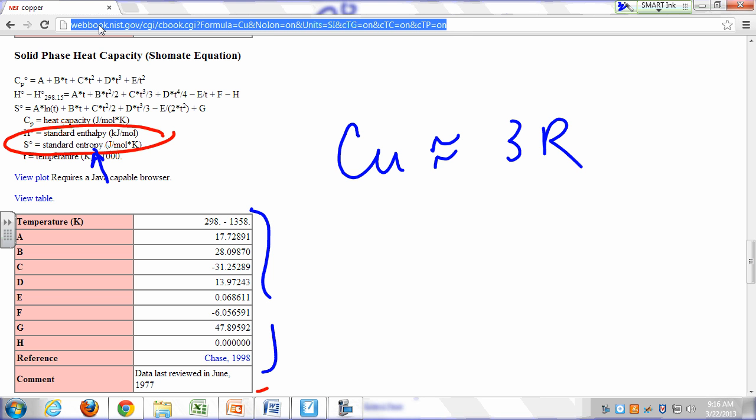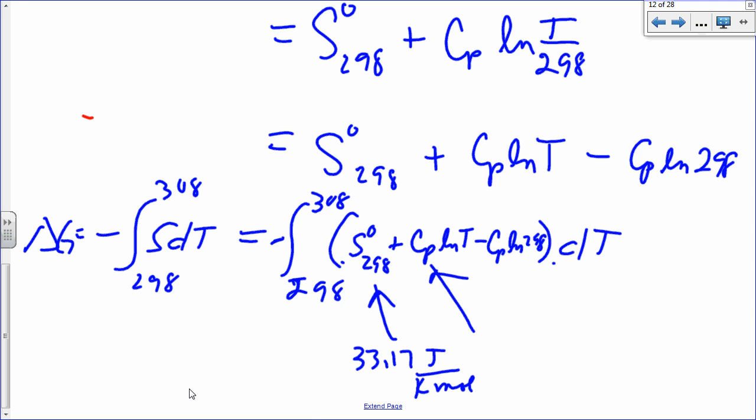That is approximate value of the heat capacity, Cv, but Cp and Cv are almost the same for copper, so it's approximately 3R. If you just want to estimate, it's 3R per mole. Law of Dulong and Petit, so you can plug in here, this is approximately 3R. So you know your Cp.